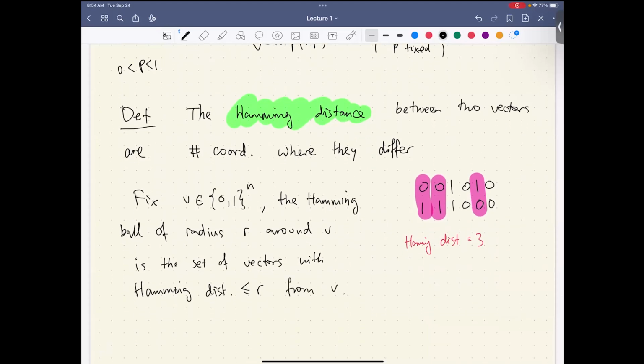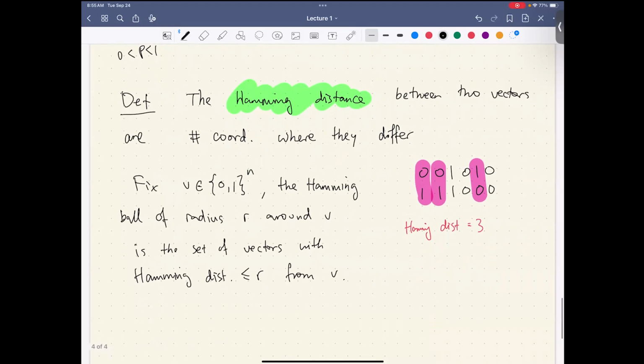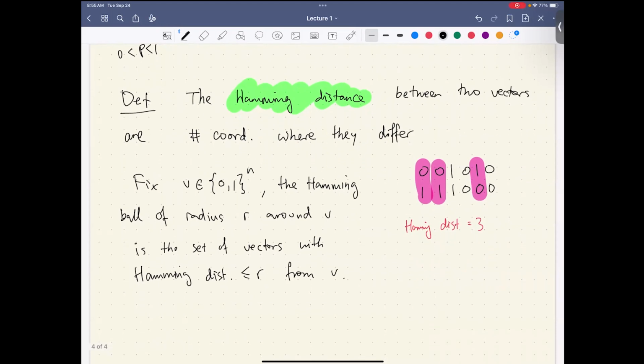It's not hard to see by symmetry that no matter where we fix this binary vector v, the size of a Hamming ball with a given radius is always the same. So we may as well fix v to be the all-zero vector. Then the Hamming ball of radius r around v will be all the vectors with at most r 1s.